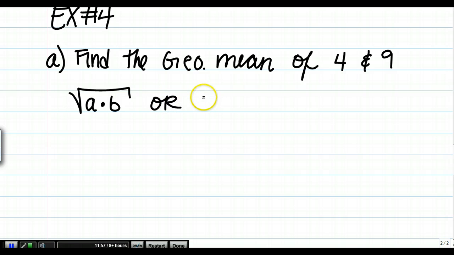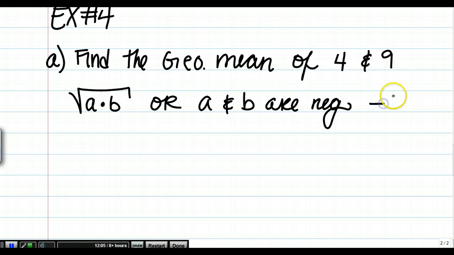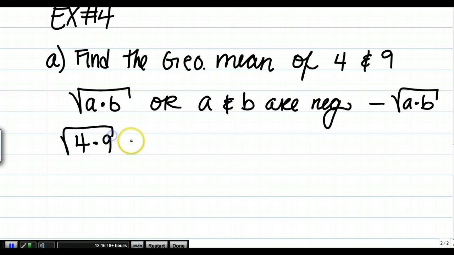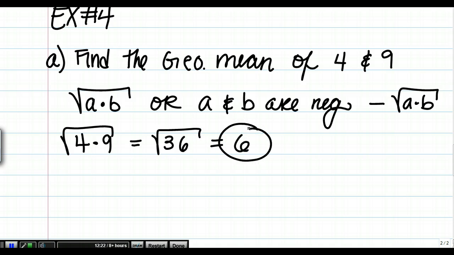Or if for some reason A and B are negative, you would just have negative in the front and then the square root of A times B. So here we have 4 and 9. We're just going to have 4 times 9. 4 times 9 is 36. The square root of 36 is 6. So your geometric mean is 6.